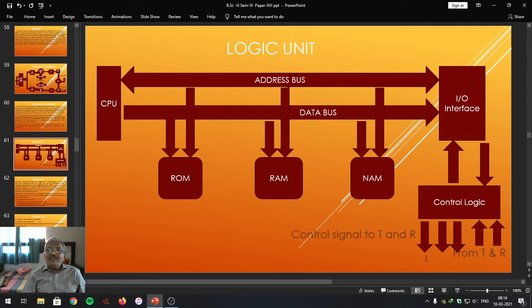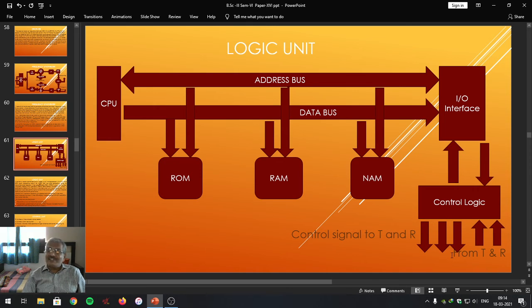The control unit provides the signal from the IO unit for the purpose of controlling the signal of the transmitter and receiver. As a controlling signal, it also receives the voice signal from the transmitter, and it receives the signal from the receiver.